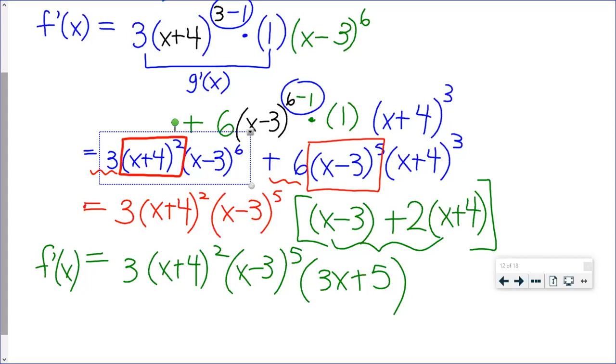Now, if the question, like in our last lesson, said, where is the slope of this graph horizontal, or the tangent line horizontal, I would set this equal to 0, solve for x, and plug it back into the original function to find the corresponding y points on the original curve, just like I did last time.